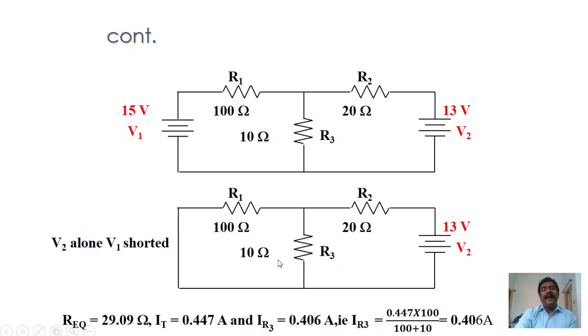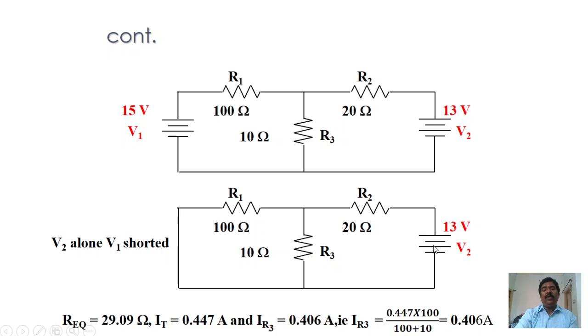So 100 into 10 divided by 100 plus 10 gives some value, and you add the 20 ohms to get R equivalent. R equivalent is equal to 29.09 ohms, the equivalent value of this network. Once we know the equivalent value, we can calculate IT.